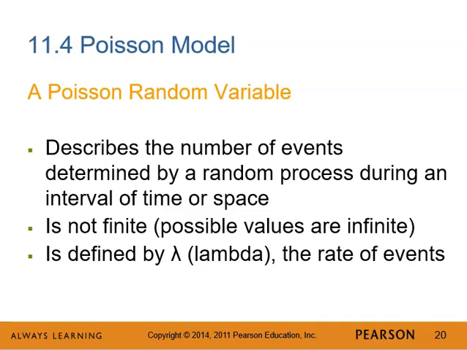A Poisson random variable has, of course, one parameter lambda, and remember that when you pronounce it, that b is not pronounced, you say lambda, which is the rate of events. And for example, if you say you will receive 20 calls in an hour, then 20 is going to be lambda.